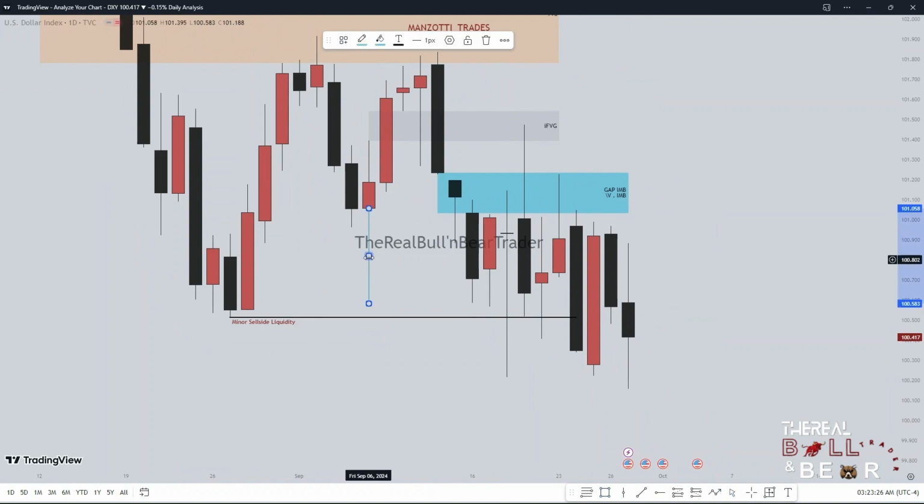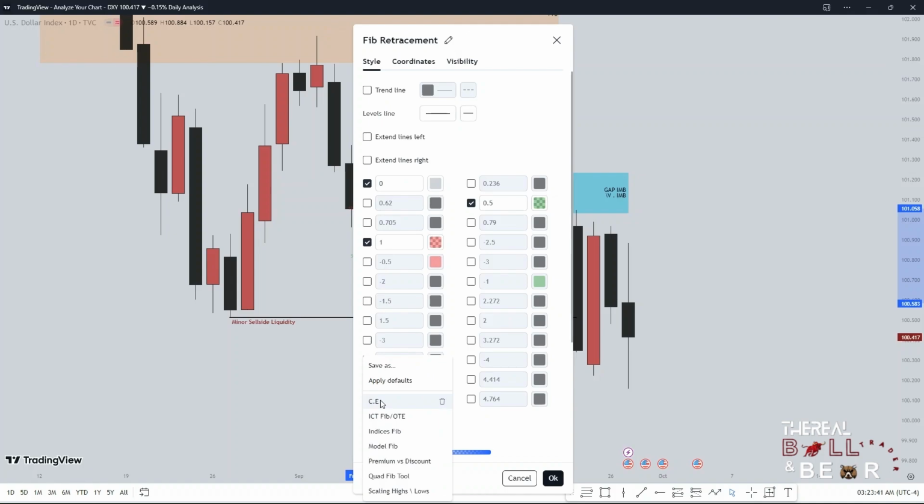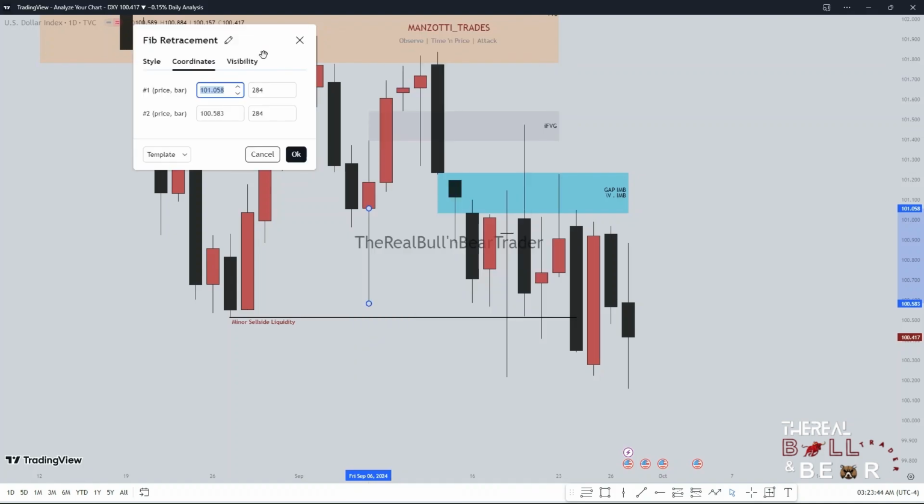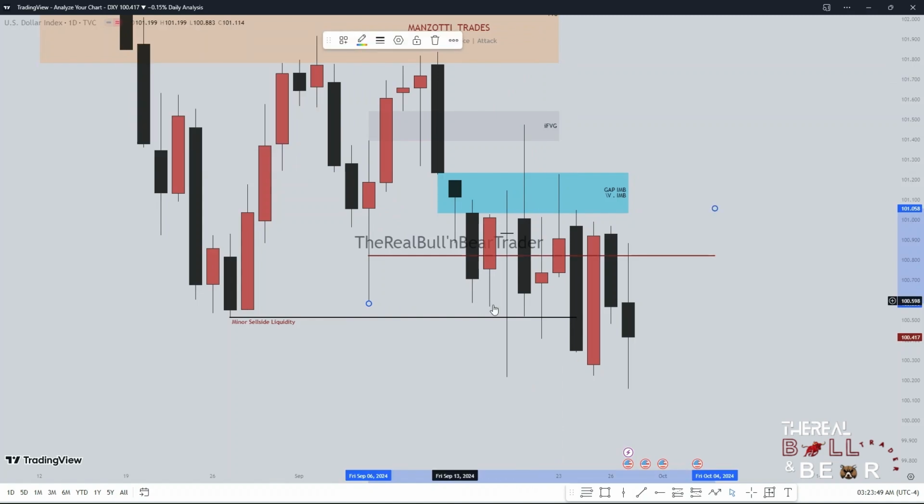This is a discount week. So I'm drawing the consequent encroachment. Right, so above this 50% is premium, below this 50% is discount.